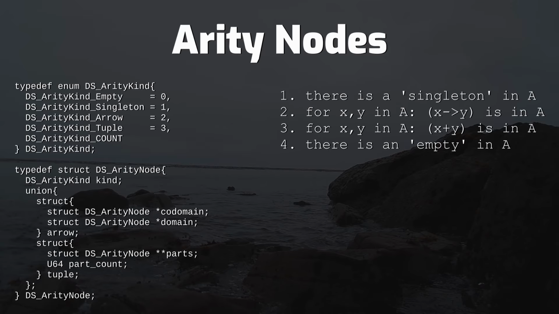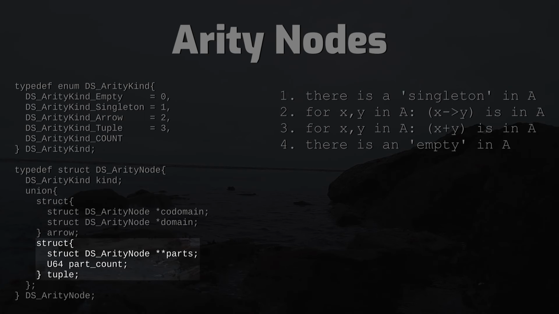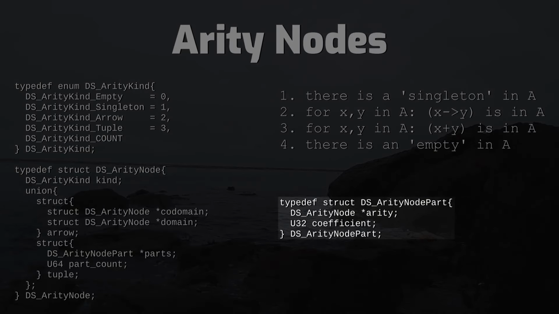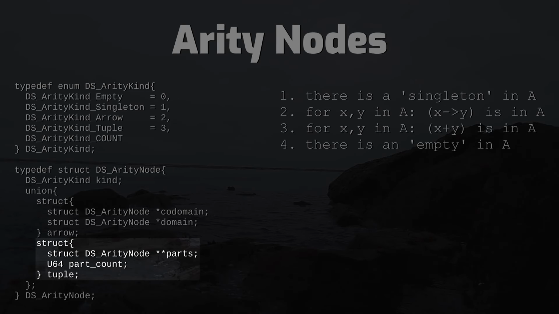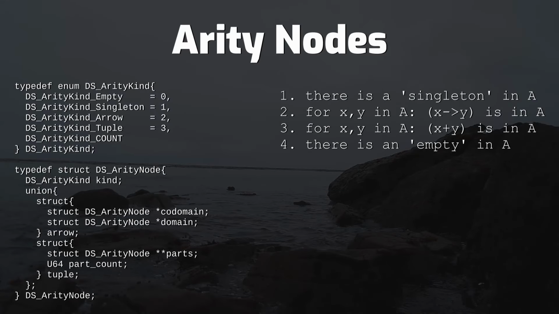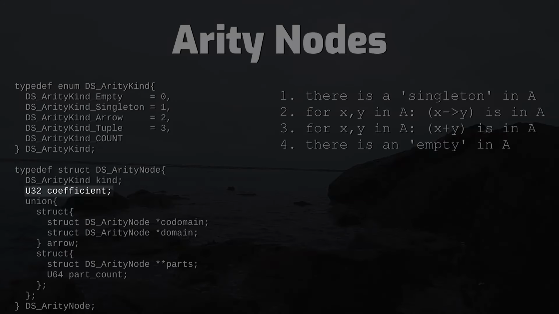I could replace the array of Arity node pointers with an array of so-called parts and give each part one Arity node and a coefficient. And while that would have some advantages in its simplicity, it would mean dedicating 16 bytes to each part in a node. In fact, both the node struct and the part struct would have 4 wasted bytes each because of memory alignment. So instead of putting the coefficient into the array of parts, I decided to place the coefficients inside the nodes themselves in the unused 4 bytes that they already had after their kind field.